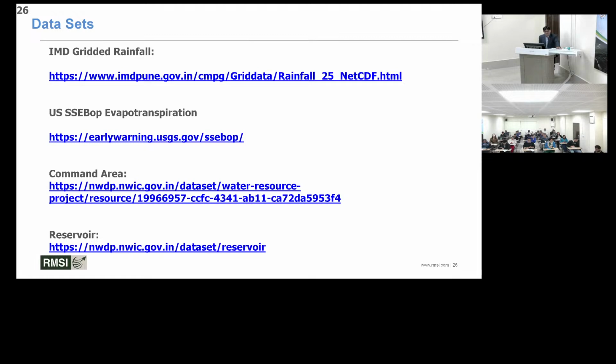Other than these two files, because these two pieces of information from NWIC you can use from a water resources assessment point of view, there are several other files as well, like block boundary, the land use pattern, the rainfall variations, the hydrometeorological gauge network.